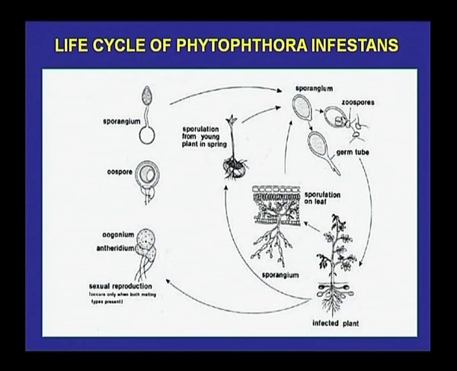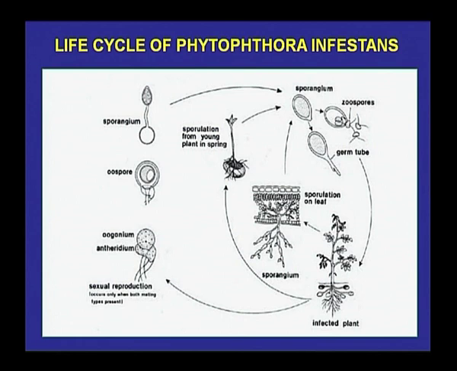This is the leaf section of the plant showing the sporangium coming out from the stomata, and this is how again it infects the plant in a recurrent cycle and completes it in an asexual way.